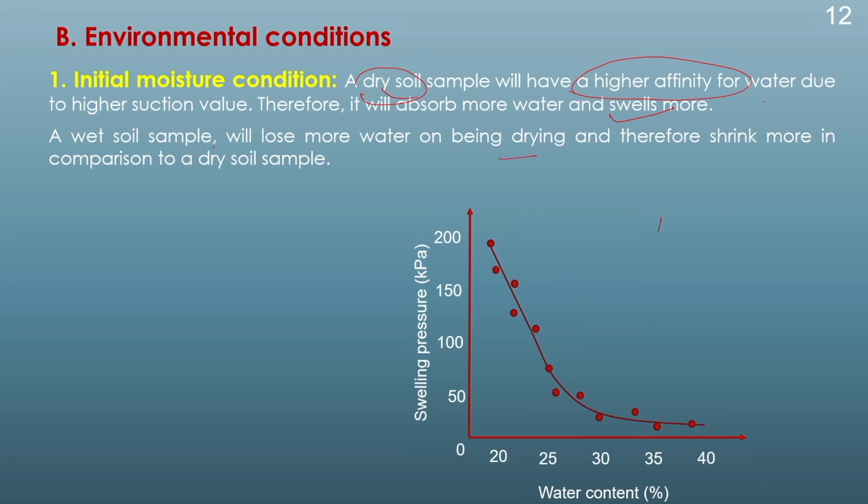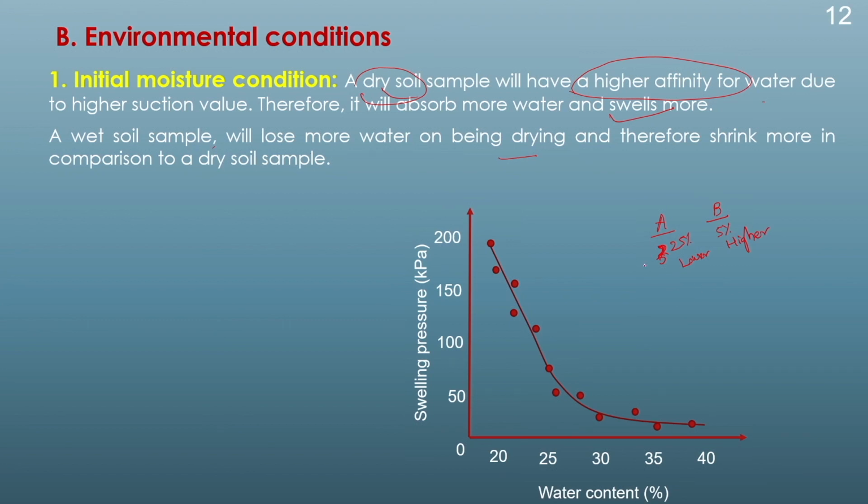Say for example, if we take two soils A and B, with the initial water content of 25% and 5%, then soil A will swell to a lower value and soil B will swell to a higher value.